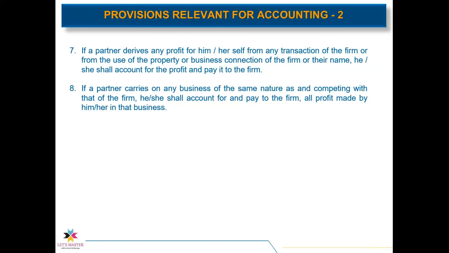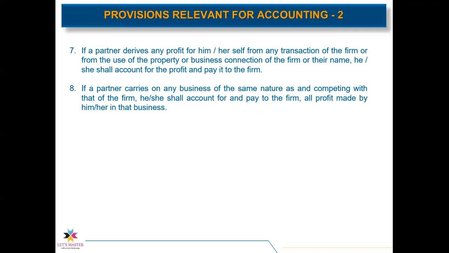Say, for example, if a partner engaged in any kind of business gets some benefit by virtue of being a partner of that partnership firm, then he is supposed to disclose that information to the partnership firm and should pay the amount of profit that he has earned because of this transaction.